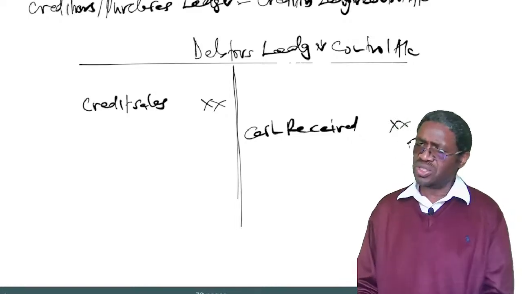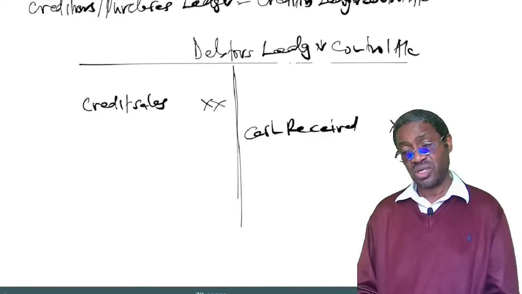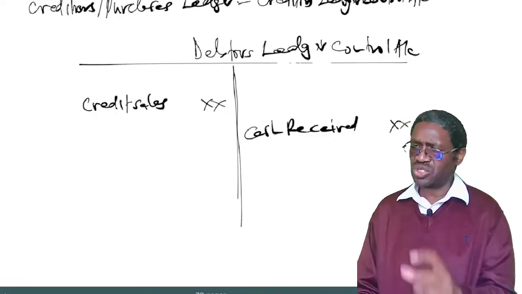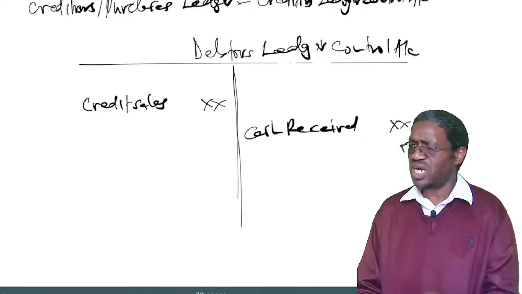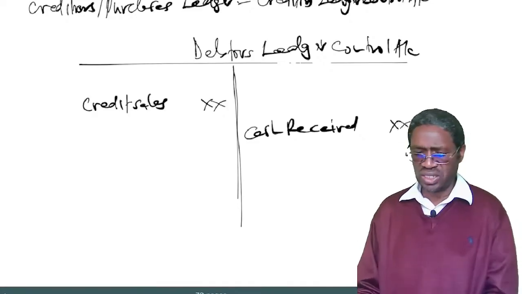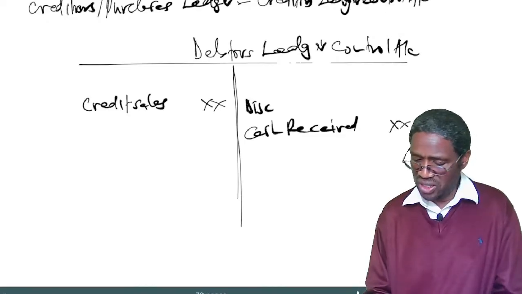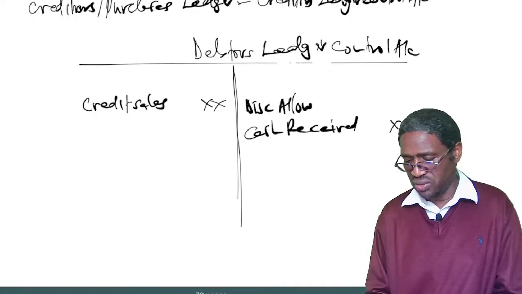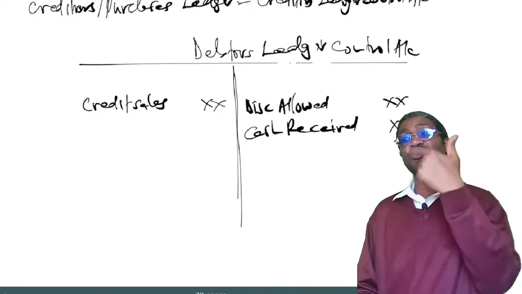Another transaction that is normally recorded in the debtors account is this. With any discount allowed to customers, we normally debit the account called discount allowed and you credit debtors.